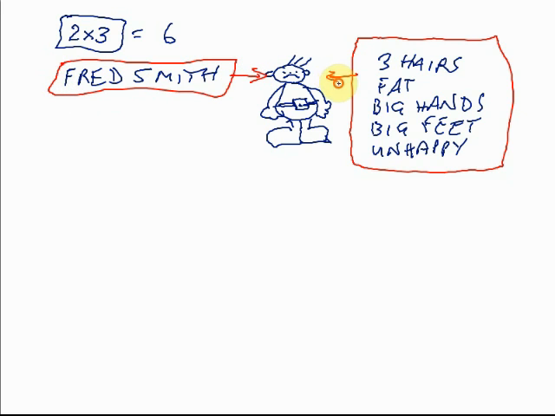And in exactly the same way, we can say that 2 times 3 is just the same as 6. It's just that 6 is a much easier way of writing a number than writing 2 times 3.